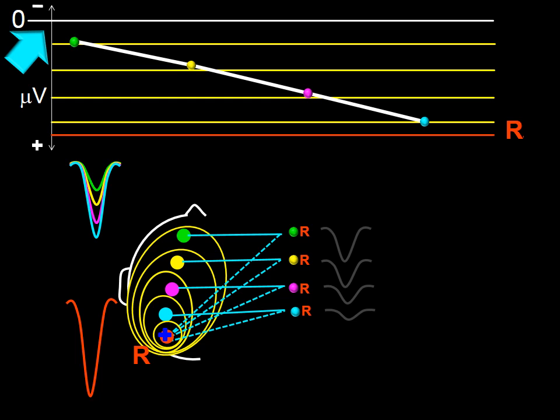In this option, we are considering a positive field since all the electrodes are on the positive side of the zero line, and the reference electrode as the maximal positivity because it is the furthest from the zero line. As you see, the reference is the biggest wave since it is, as I previously mentioned, the furthest from the zero line.